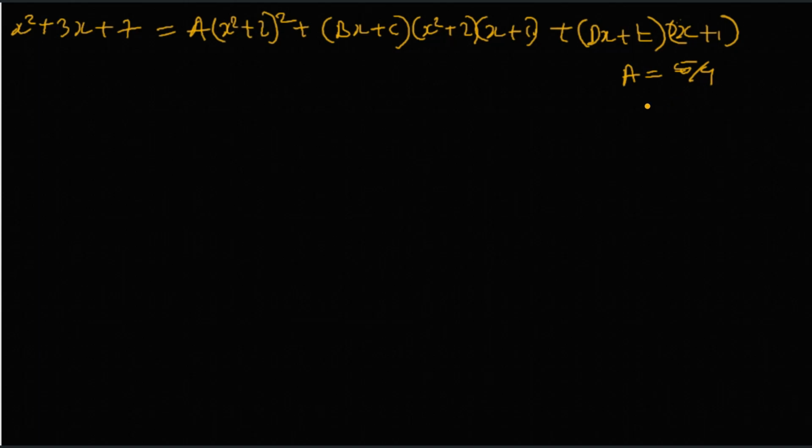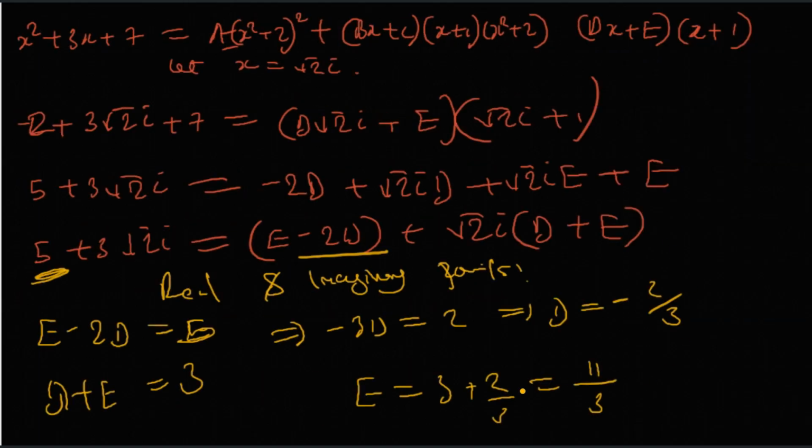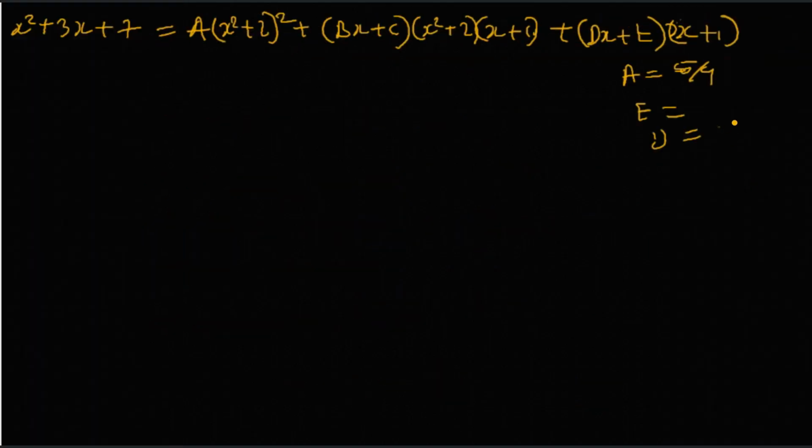We already found E and D. Let's check the values once more. E was 11 over 3, and D is negative 2 over 3, I believe. Yeah, so D is negative 2 over 3 and E was 11 over 3.